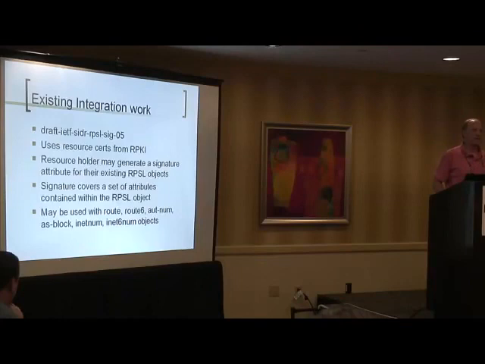And we get a lot of questions from people who want to specify a max length in the route object. And RPSL, when it was specified, didn't provide any mechanism for doing that. So by adding this extra attribute, by using the ROA, you can actually add a max length to your existing route object.